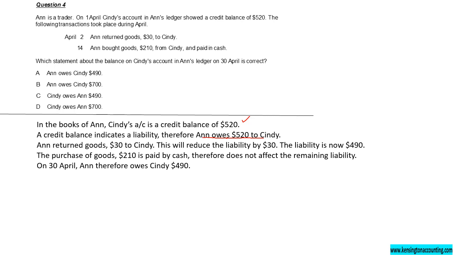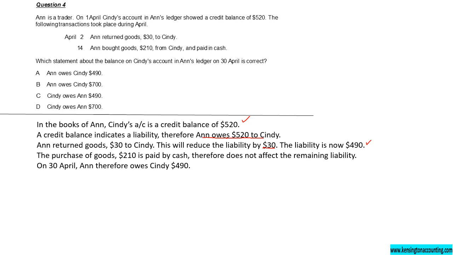On April the 2nd, Anne returns goods $30 to Cindy. So it's a return of goods. Therefore, this will reduce the liability of Anne by $30. Therefore, the liability goes down by 30. It becomes $490.